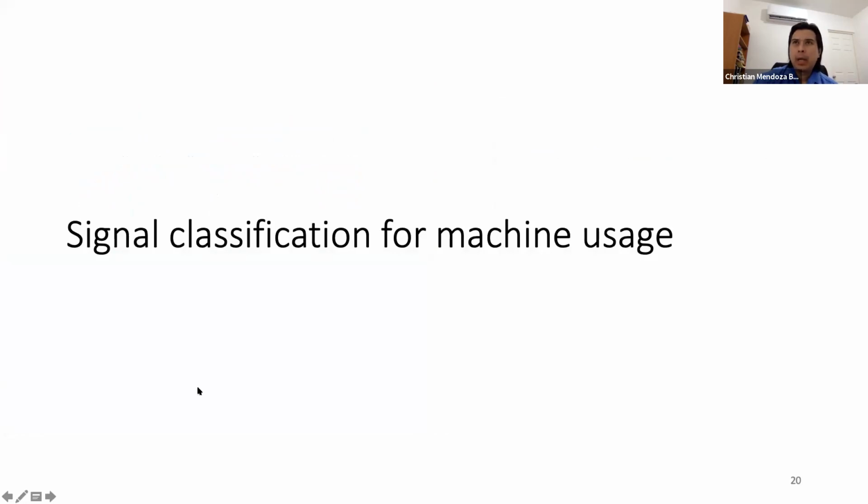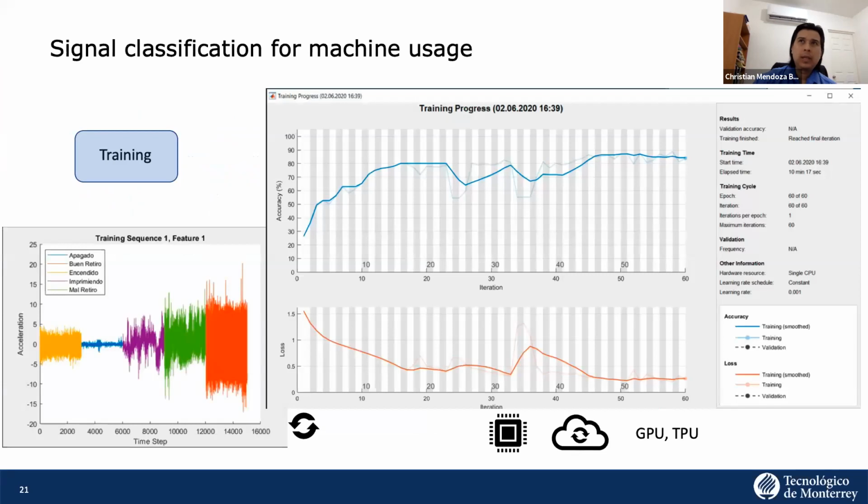Now, I'm going to talk about the signal classification for machine usage. The whole idea of this is that we wanted to detect how a machine was being used in the process of people being trained on that machine.